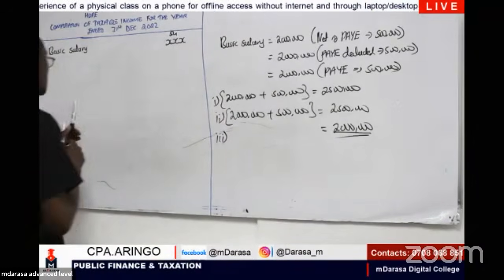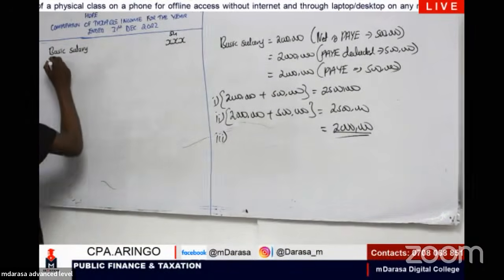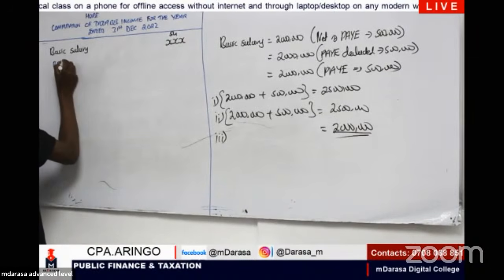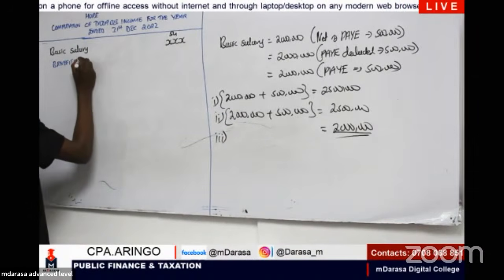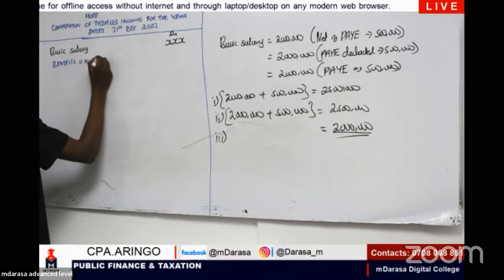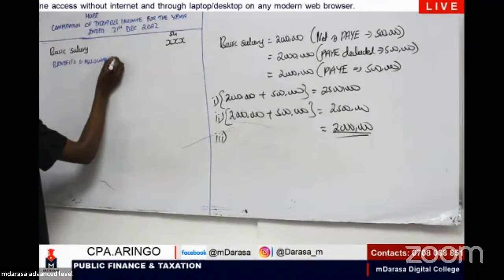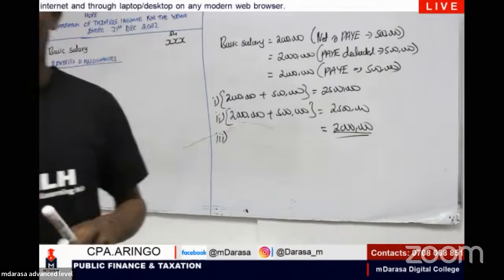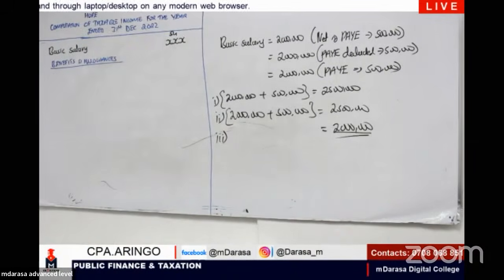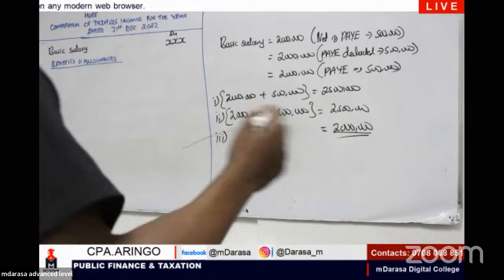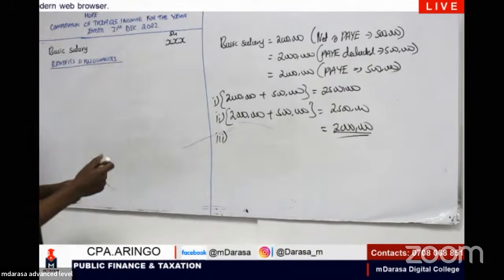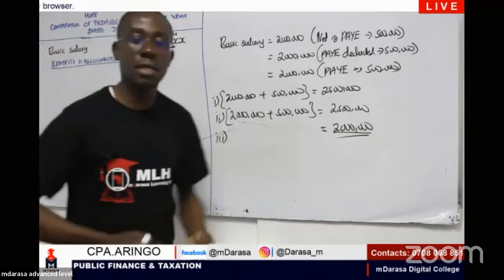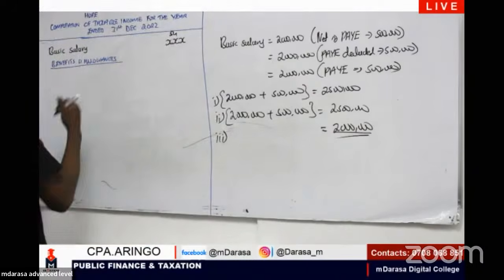So once we have that, we now consider benefits and allowances. We consider the benefits and allowances there. So how will you do that? This will be easy. Exactly what we had looked at, starting from the cash benefits, non-cash benefits. We'll all consider them here.